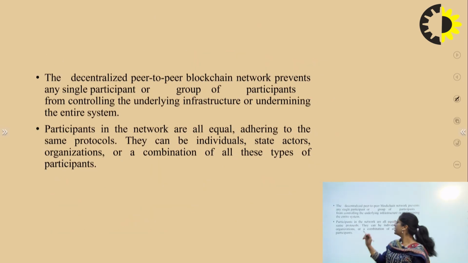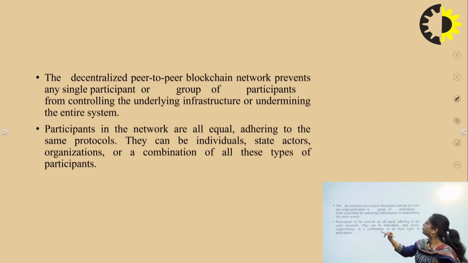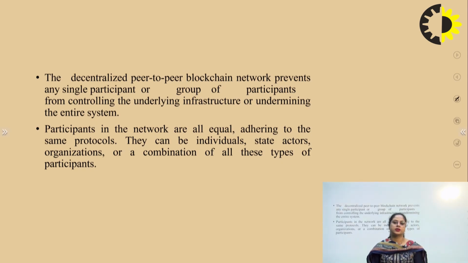The decentralized peer-to-peer blockchain network prevents any single participant or group of participants from controlling the underlying infrastructure or undermining the entire system. So decentralization is used here so that there is no single authority.